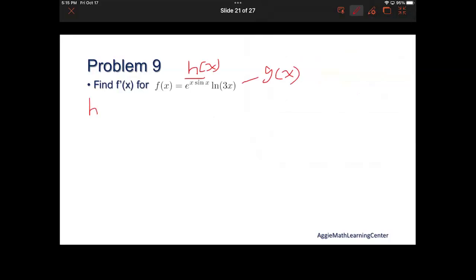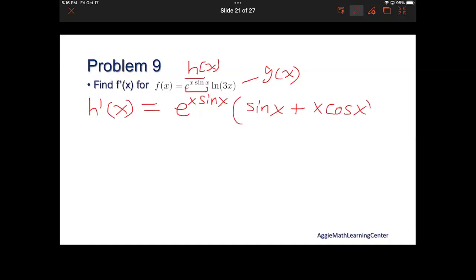So if we look at h prime of x, so just looking at this first part right here, derivative of the outside is e to the x sine x. Derivative of the inside is a product, so we've got sine x plus x cosine x.